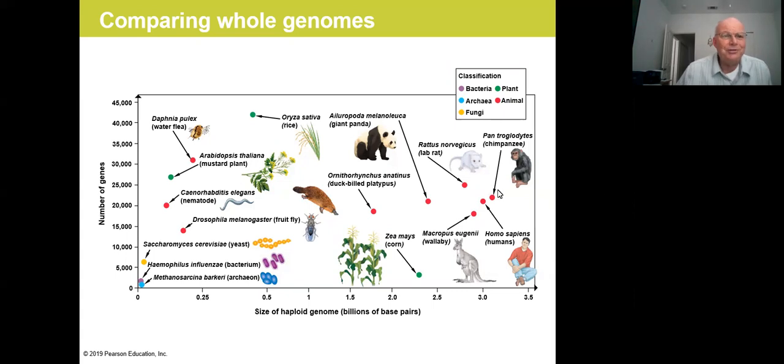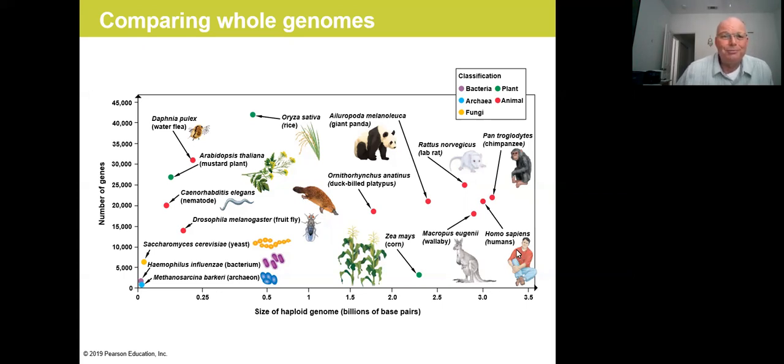Humans have 4 sets of the same Hox genes, whereas Drosophila have a limited number of ways of regulating the total number of genes that it's got, because it's got a limited number of those master control genes, the Hox genes. Humans can do a lot more because they've got a lot more of these master control genes, the Hox genes. And that's what leads to the complexity of a human.